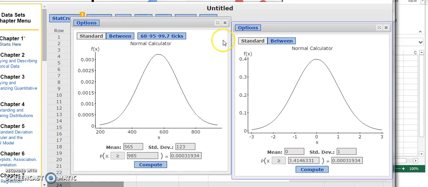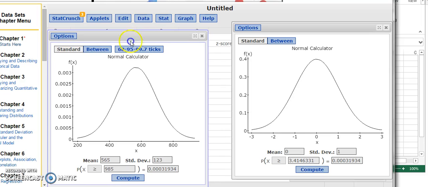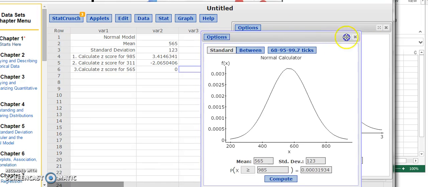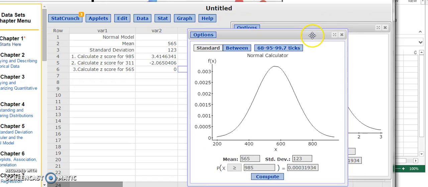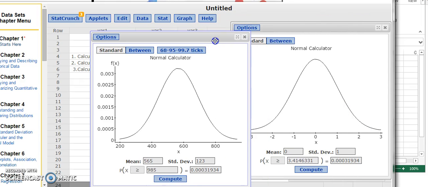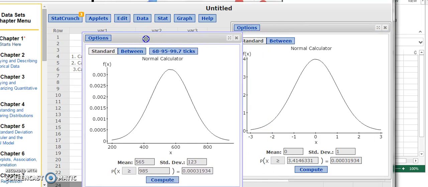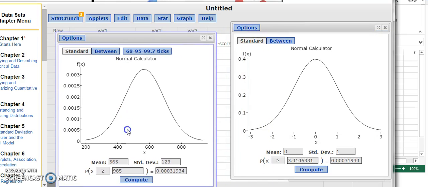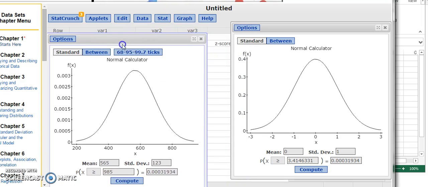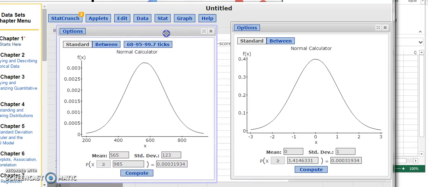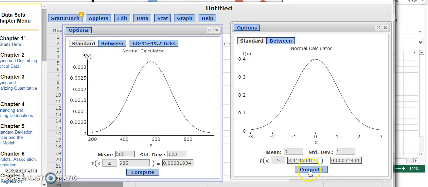This is our z-score, compared to the one we calculated by hand. You can see it's 3.4146331. It's just slightly off. Maybe StatCrunch did some rounding or something, but you know that it's quite accurate, right?